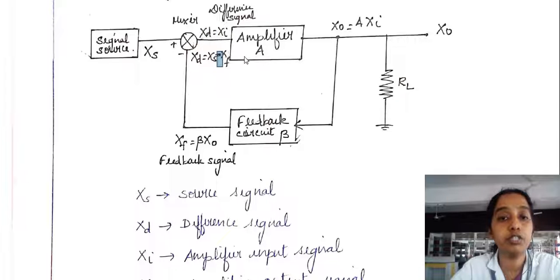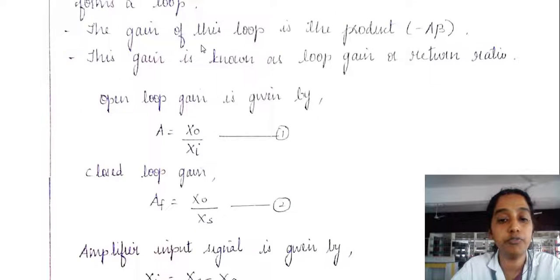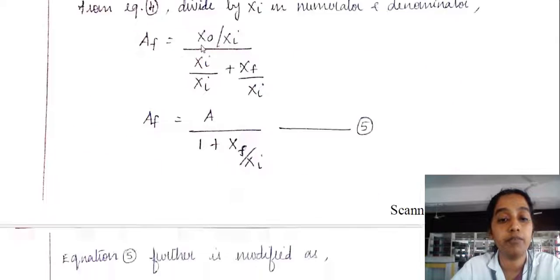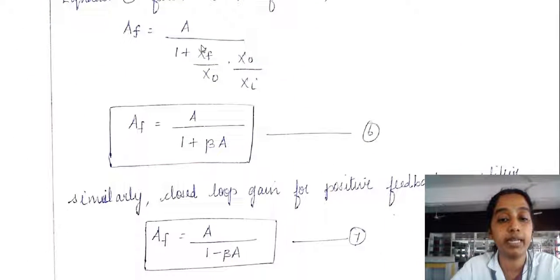So for the positive feedback, I get the closed loop gain AF equal to A by 1 minus beta A, and for the negative feedback I get A by 1 plus beta A. So note down the sign here. For the negative feedback, I get a positive sign, and for the positive feedback, I get a negative sign.